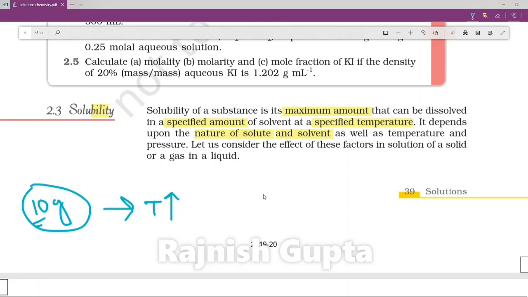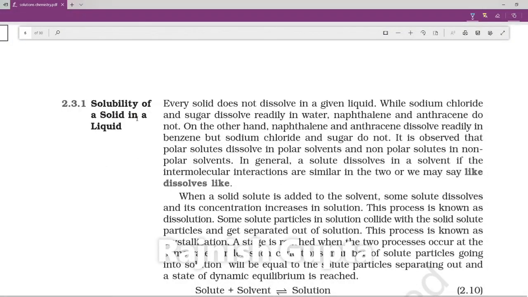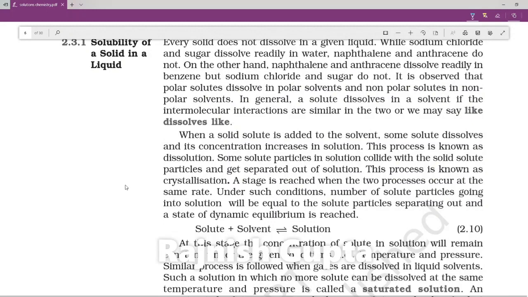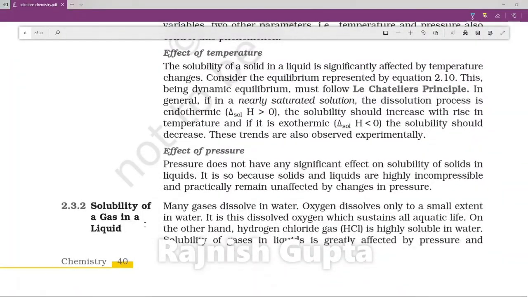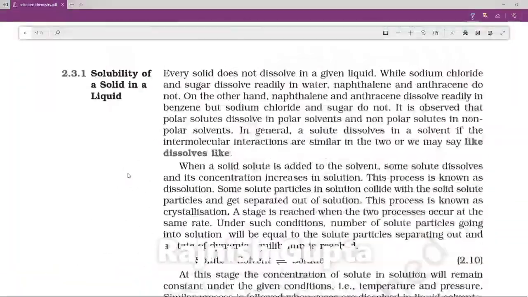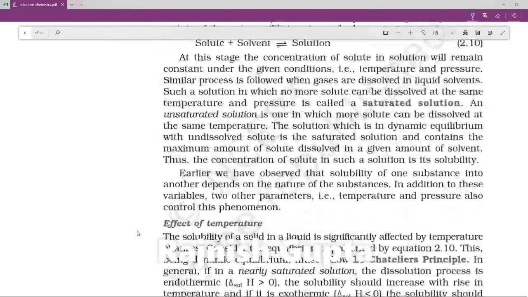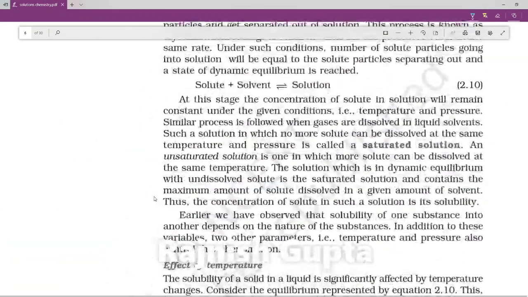Now we will discuss the two types, that is solubility of a solid in a liquid. Actually, the factors on which the solubility of a solid in a liquid depends are fewer compared to the factors which are variable in case of solubility of a gas in a liquid.